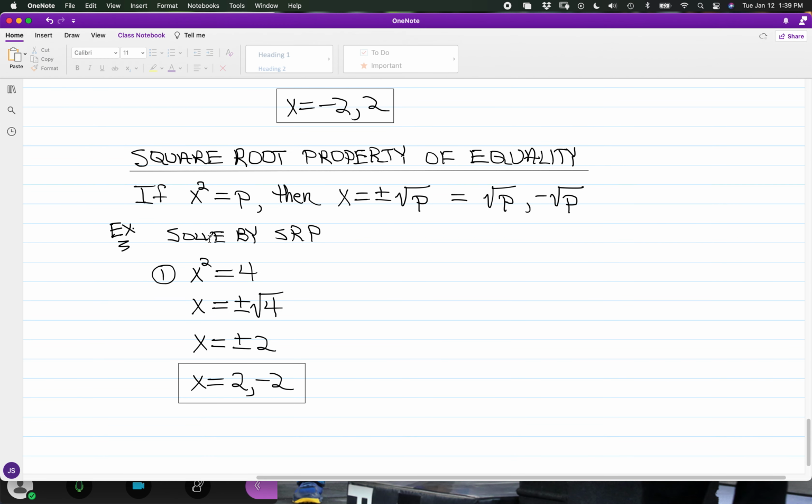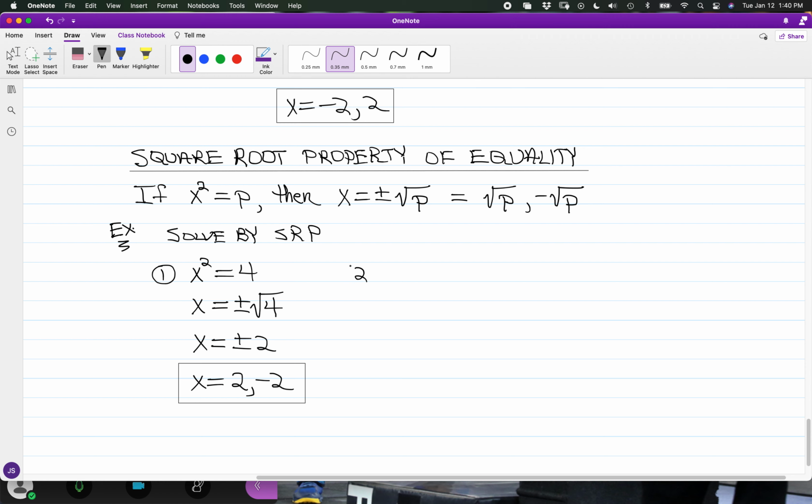Now for x squared, that could represent the squares of other letters, and it can also represent the squares of multi-term expressions. Let me give you a case here. Let's say that x is represented by x plus 1, and we'll say that p is represented by 49.